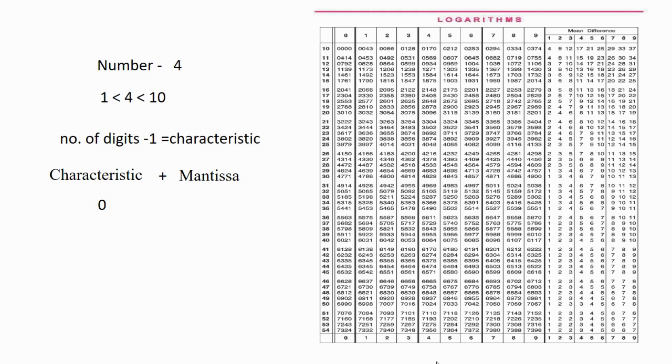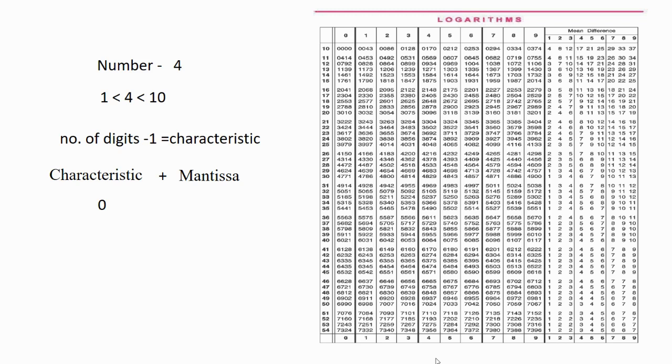Let's find out the mantissa of the given number. To find the mantissa of the number 4 in the logarithmic table, we have to consider the first column. In the first column, as you can see, there is no number 4 as it is.